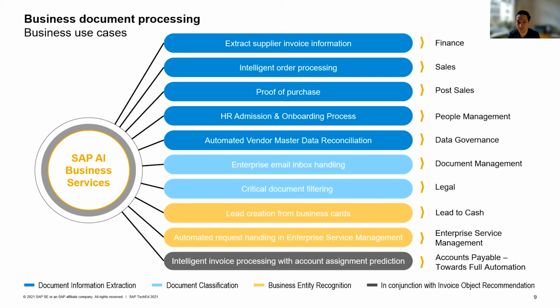So imagine you have an invoice without a reference number, such as a purchase order, and you need to assign a corresponding GL account or a cost center to this invoice. In conjunction with invoice object recommendation, you could do so based on the data that you extract from the incoming invoice.